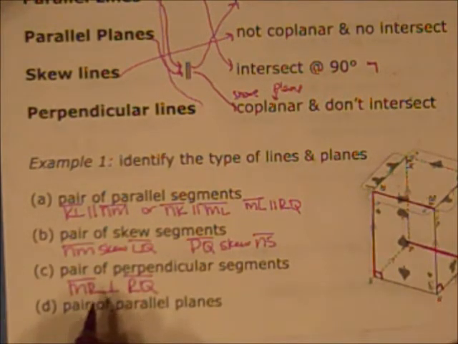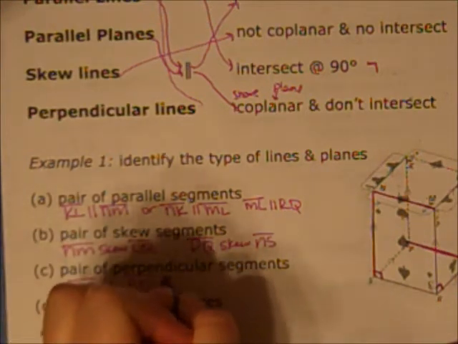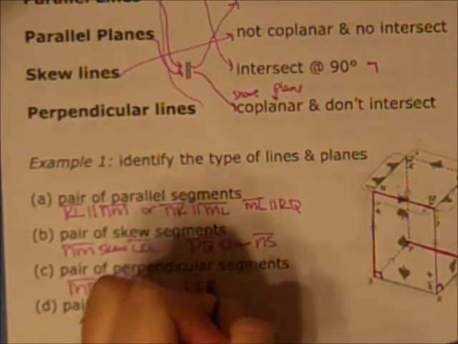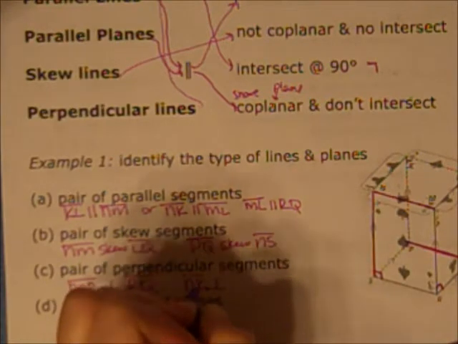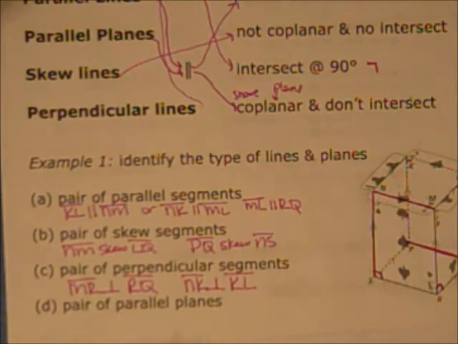Okay, or I could choose NK is perpendicular with KL. If you'll notice about perpendicular, they're always going to have one of the same letter, and that's where they're going to be intersecting. So this one shares an R, this one shares a K.